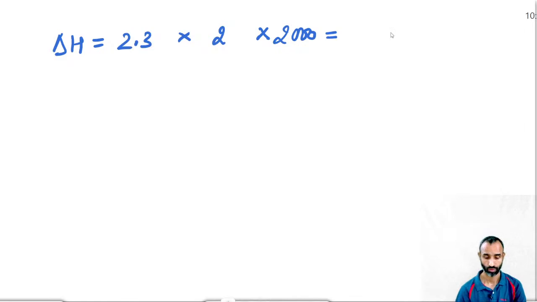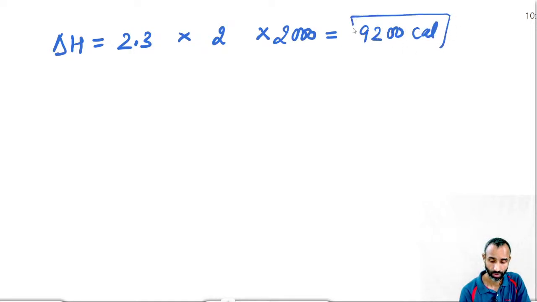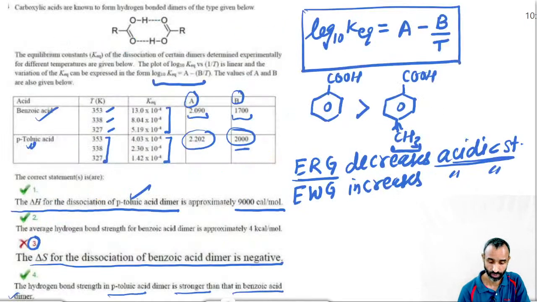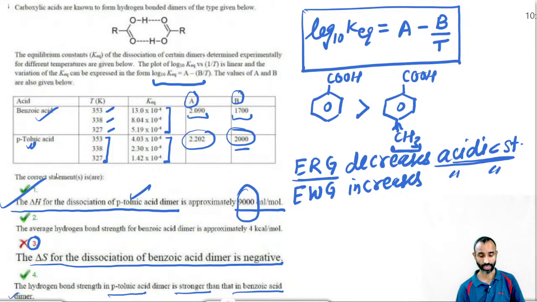It is 9,200 calories around, and the value given is 9,000, very close to it. That's why this option is taken as correct: delta H for the dissociation of paratoluic acid dimer is approximately 9,000.